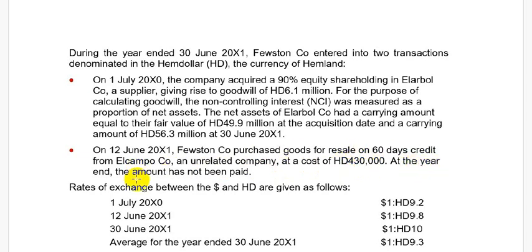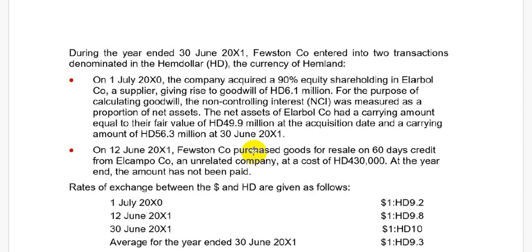At the year end, the amount has not been paid. This is a payable. We've bought goods which we have not paid for. So on 12th June, we need to record our double entry, a liability and a purchase.